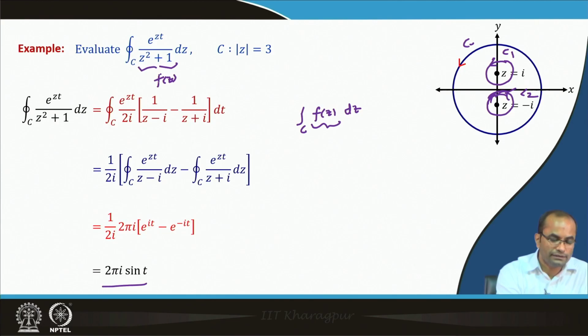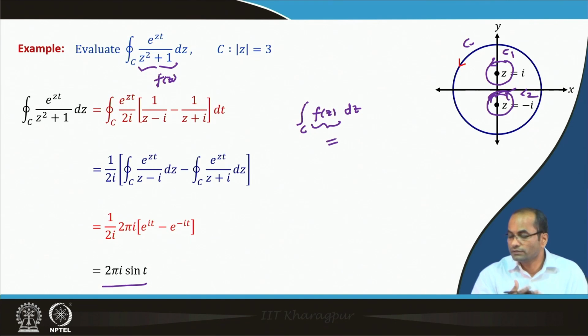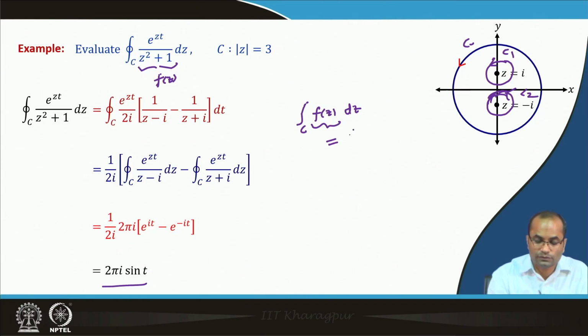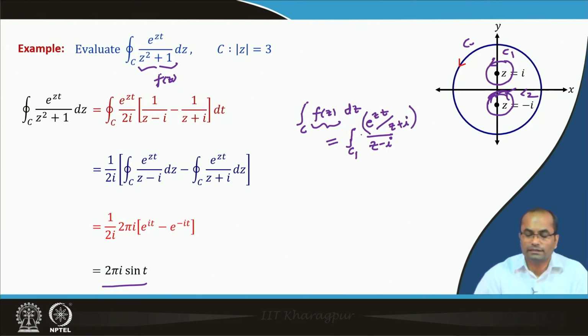So, I can write that this integral over C will be the integral over C1 plus C2. Over C1, I will take z minus i, and the rest I will write as e power zt divided by z plus i, because now this numerator is analytic and here z minus i is exactly fitting into the Cauchy integral formula.